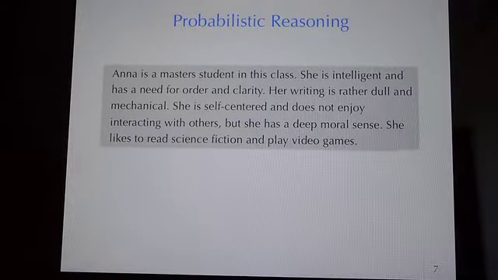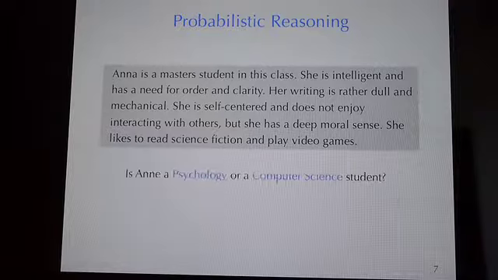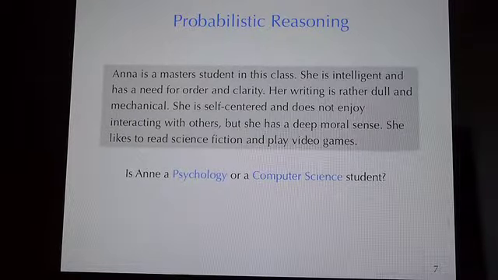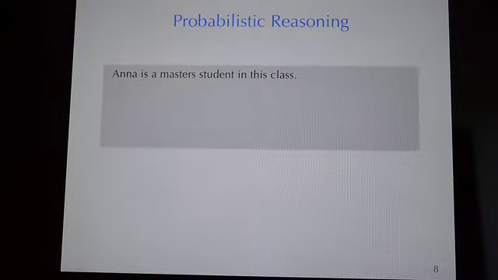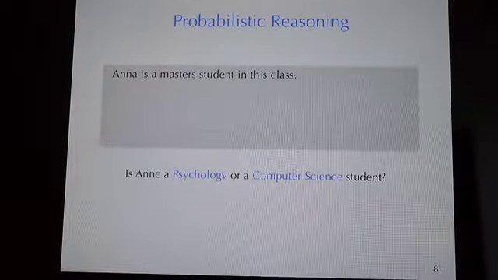However, you have to also keep in mind that there are usually many more psychology students than computer science students in pretty much every university except for the technical universities. So if you didn't have any additional information, you'd be wise to guess that Anna is a psychology student just because the number of psychology students is much higher in general compared to the computer science students.